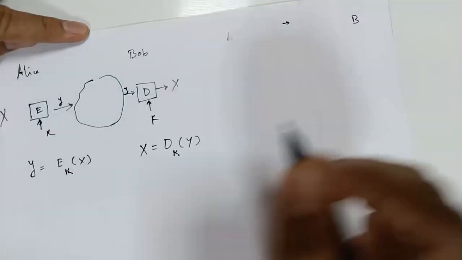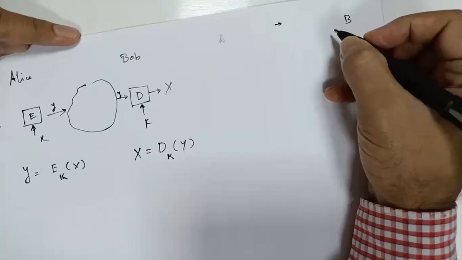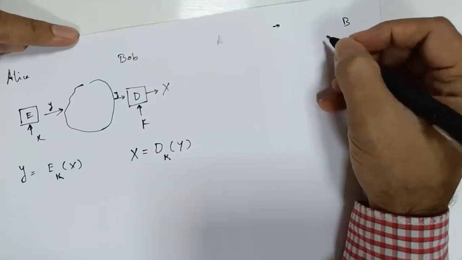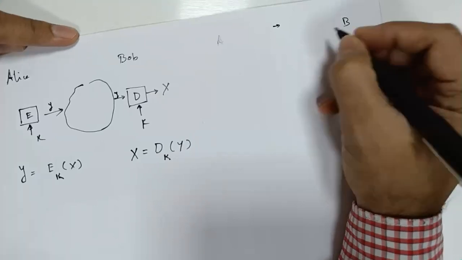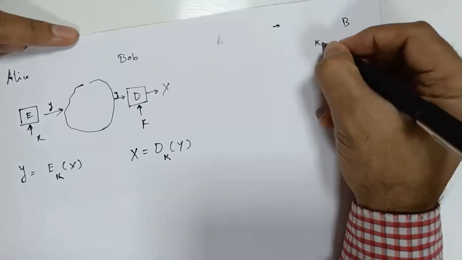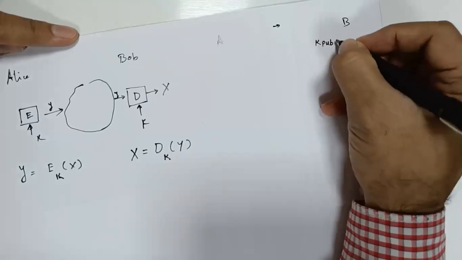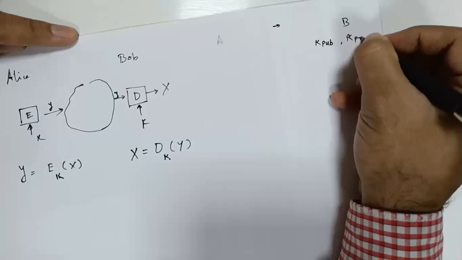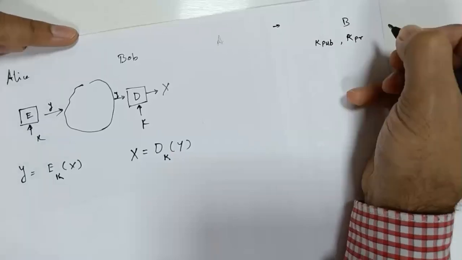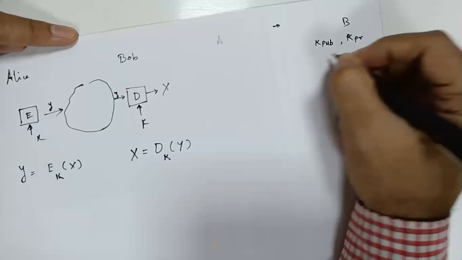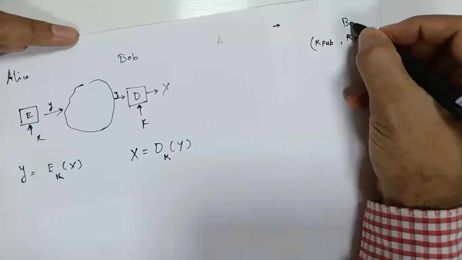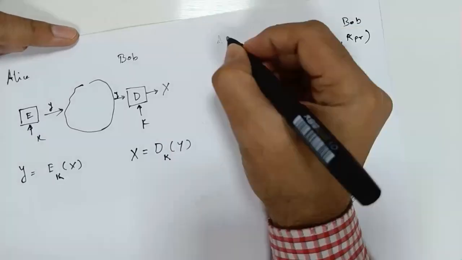In this case, we will use the keys of Bob. Let us name them KPU, that is key public, and KPR, that is key private.